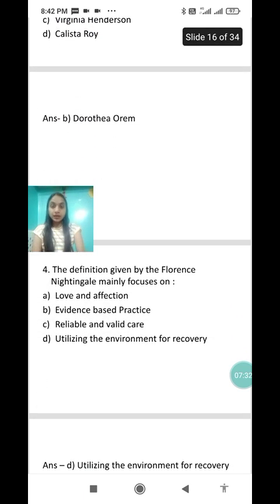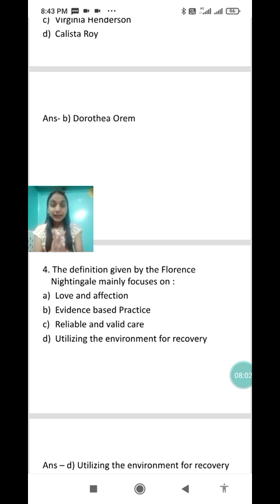Fourth question. The definition given by Florence Nightingale mainly focuses on, as I told you prior, that Florence Nightingale ने environmental theory दी थी and she has mainly focused on the environment. So option A, love and affection, option B, evidence-based practices, option C, reliable and valid care, and option D, utilizing the environment for recovery.